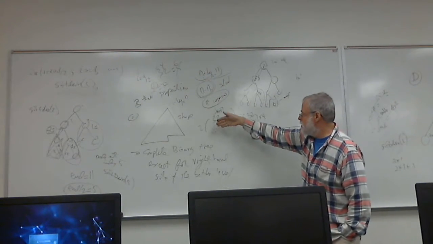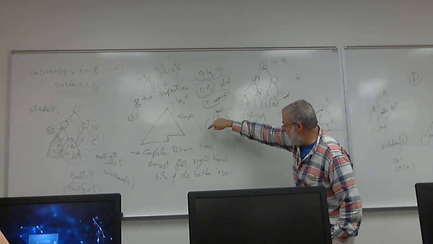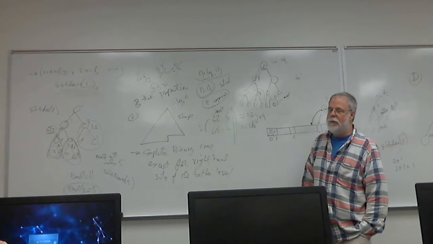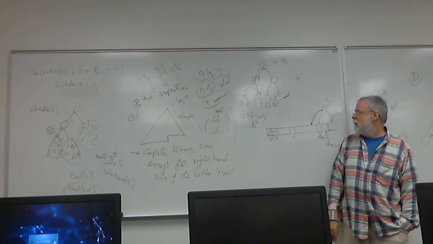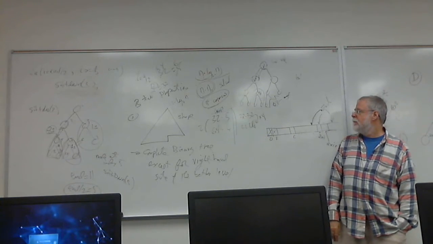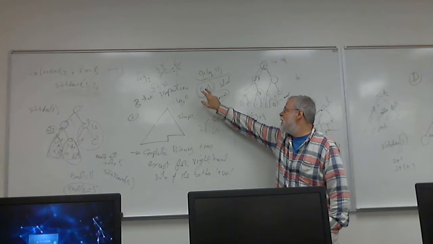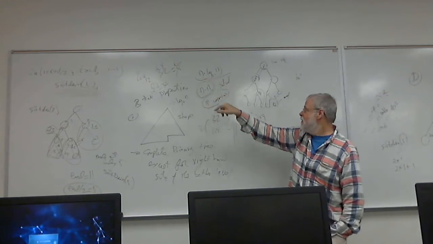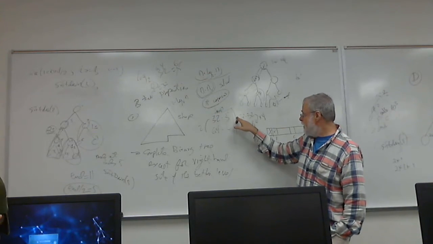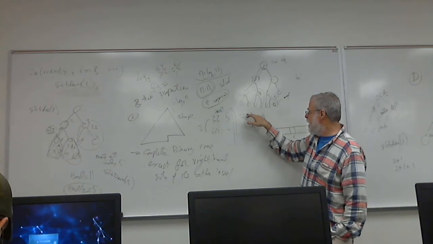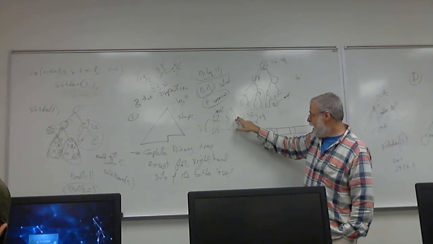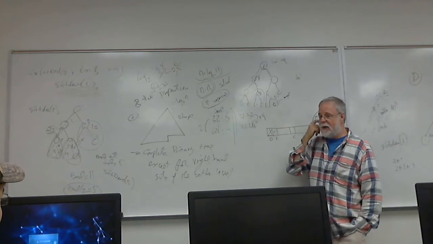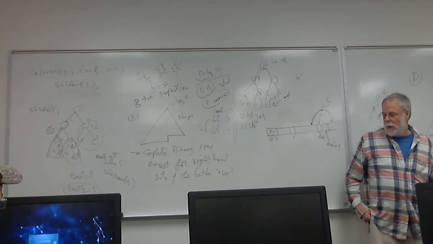The constant doesn't really figure into the growth. Same thing over here. Maybe there's a 1/2 n squared in front, but I've got a 1/2 here and a 1/2 here, and all I care about is the factor. So I can forget about it. The increase is a factor of 4.